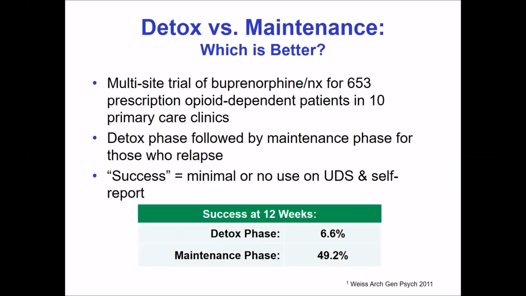It was, quote, minimal or no use of opioids by self-report and on urine drug screen. And what you see here is that during the detox phase, only 6.6% achieved success by 12 weeks, whereas of those assigned to the maintenance phase, about half were successful, which is comparable to our success rate with other addiction treatments.